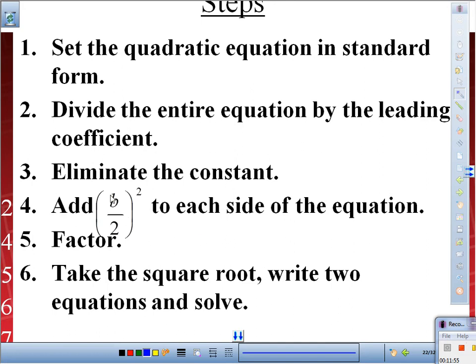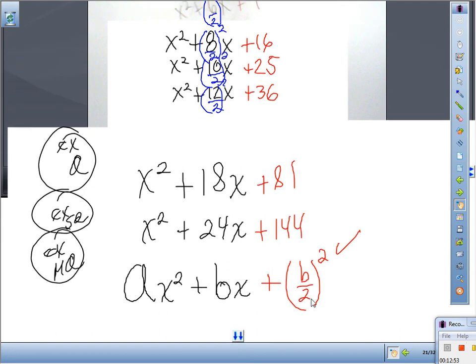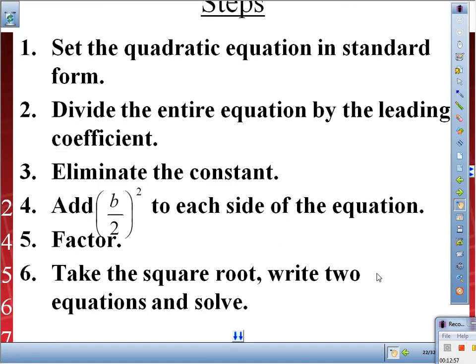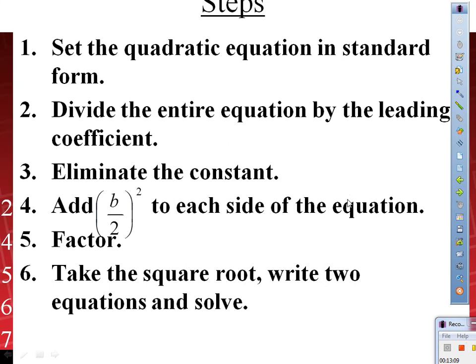Step 4, add b over 2 squared. Does everybody know what that is? It's completing the square. Very good. Do we know how to factor? Do we know how to take a square root? Do we know how to write 2 equations and solve? Yes, all right.